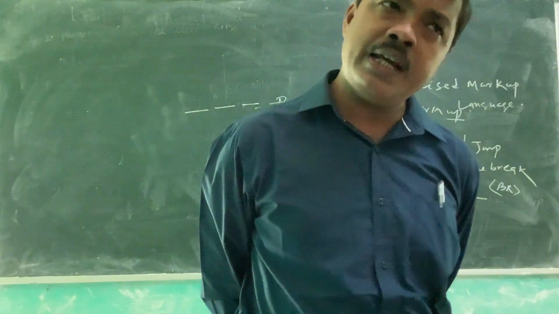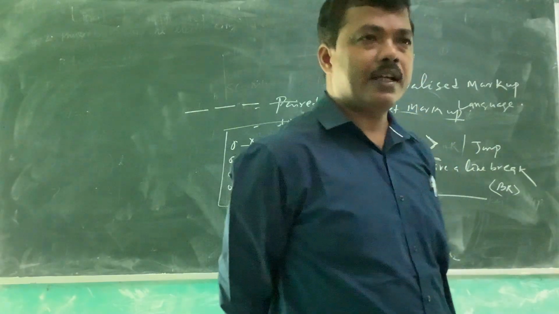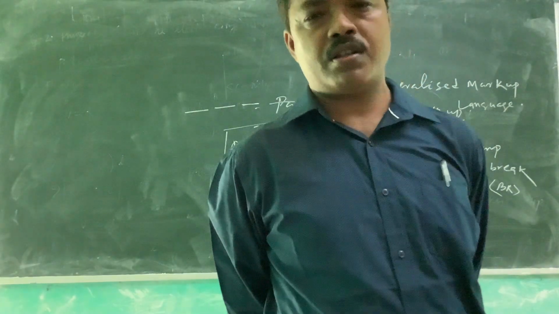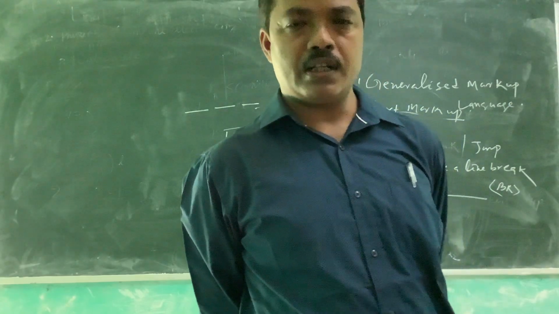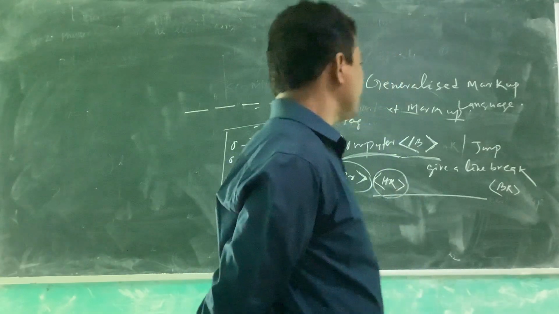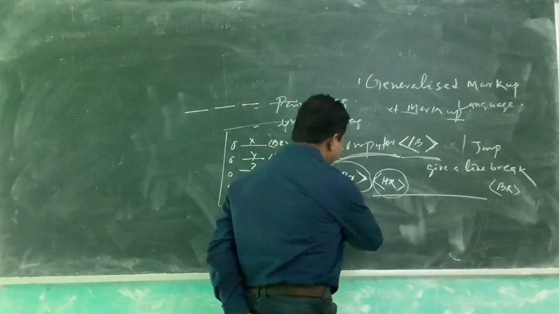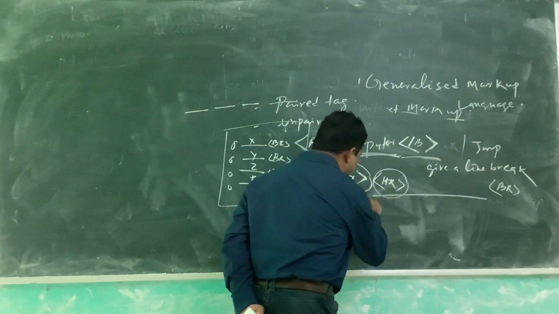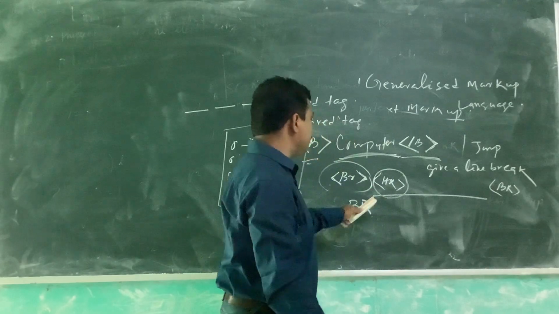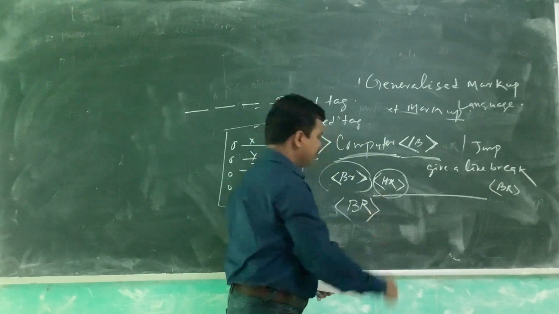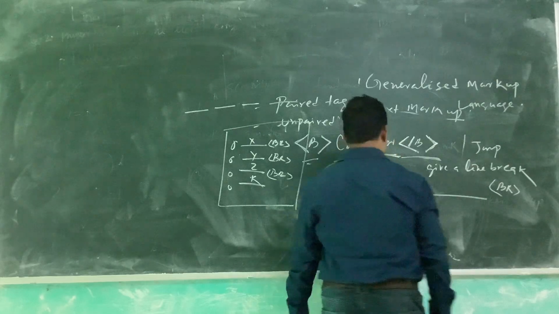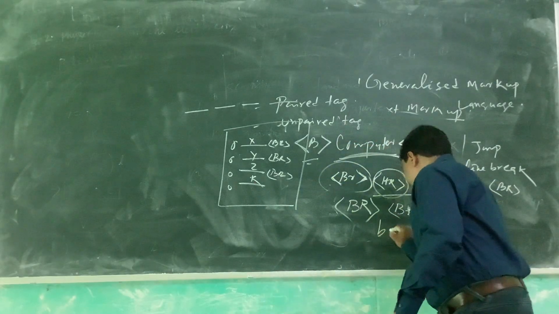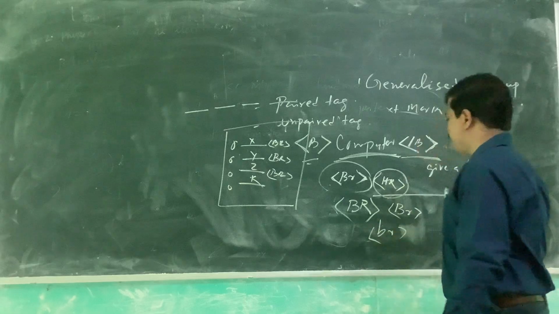That means you may write a tag in uppercase letters, in lowercase letters, or in mixed case letters. If the BR tag is used to give a line break, then you can type capital BR, or small br.